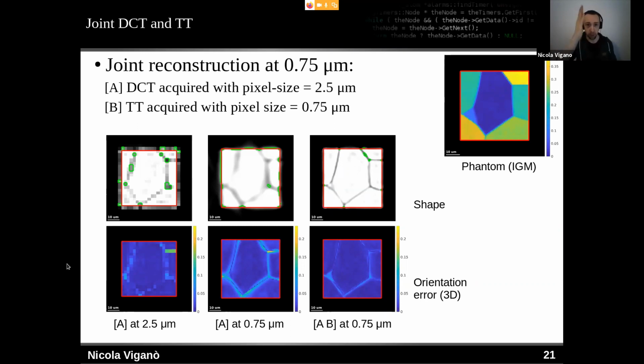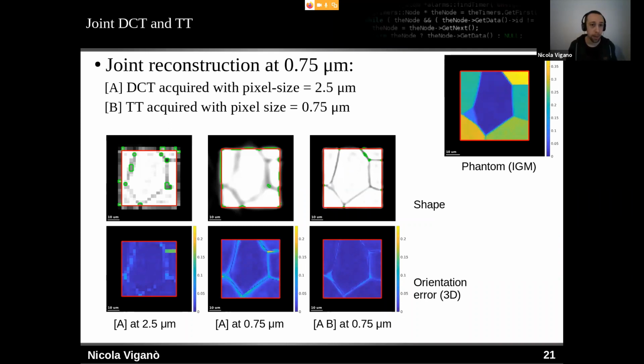So this is the middle column. But if we plug in also the Topo-tomography images, the reconstruction gets much, much better, especially close to the edges, at the grain boundaries where we have the most deformation.